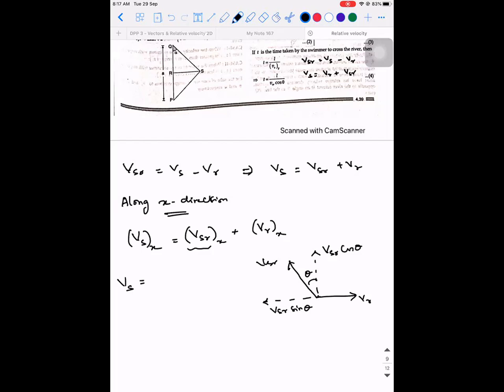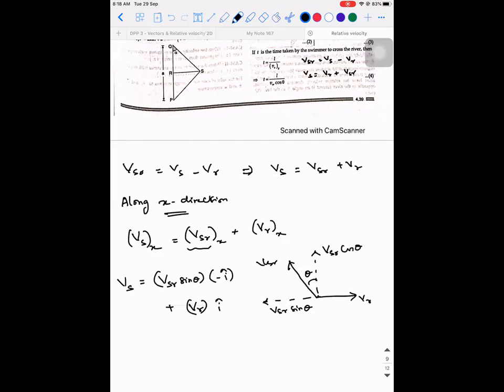Guys, I need some response. What is the velocity of swimmer with respect to river along x direction? You have it in front of your eyes. Yes, it is VSR sine theta. Now, I'm just doing a small change. Can I put it as minus i cap? And velocity of river, I will write it as VR.